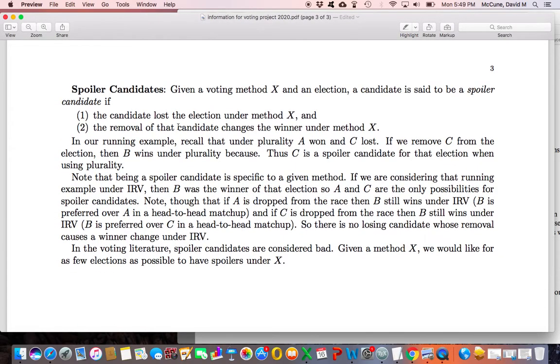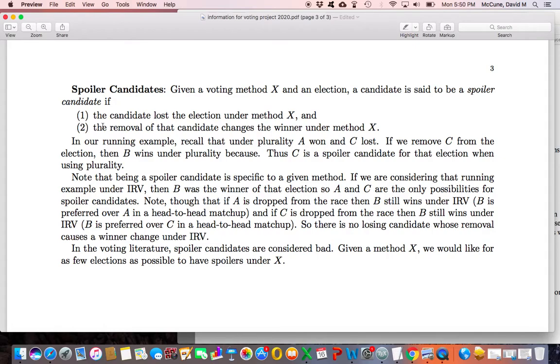Given a voting method X and a particular election, a candidate is said to be spoiler if two conditions are satisfied. The first condition is that the candidate lost. A spoiler candidate must be a losing candidate. It doesn't make any sense under this definition for the winning candidate to be a spoiler. That's item one.